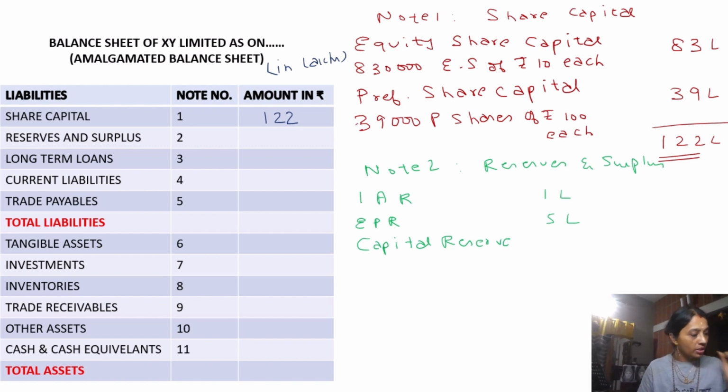Capital reserve was 19 lakhs 10,000. And then in the third entry you have securities premium, where you issued preference shares at premium. The premium amount will be transferred to securities premium. See, the amount is 3 lakh 90,000. And the total you get 6 lakhs.